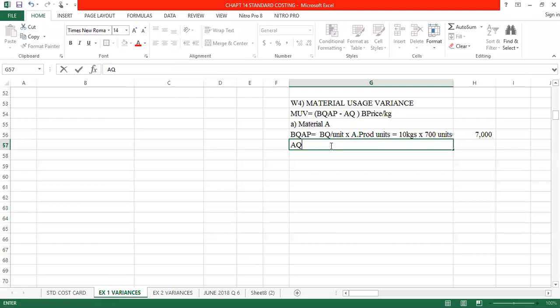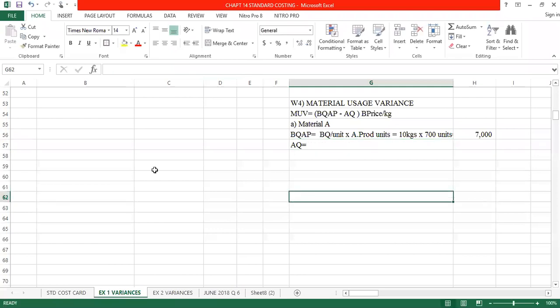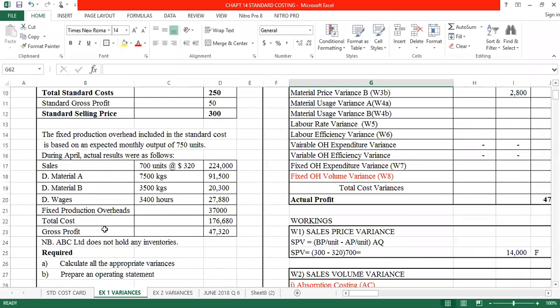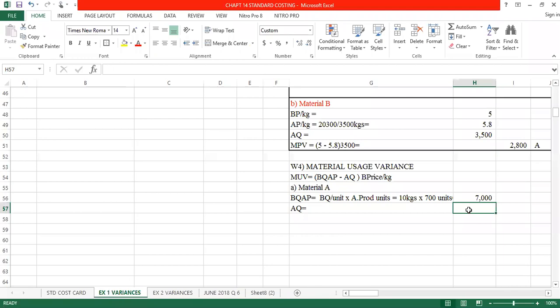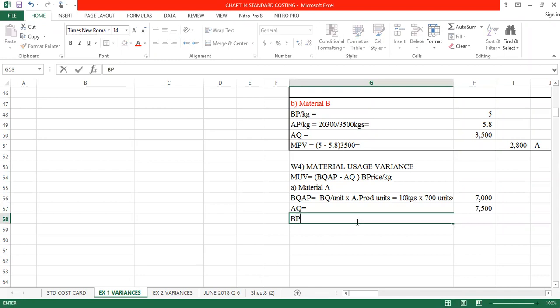Next, actual quantity is straightforward; we were given it. The actual quantity is 7,500. Next, budgeted price per kg.